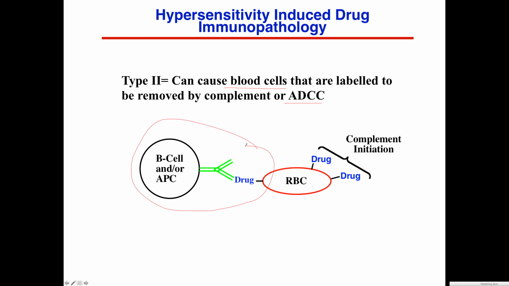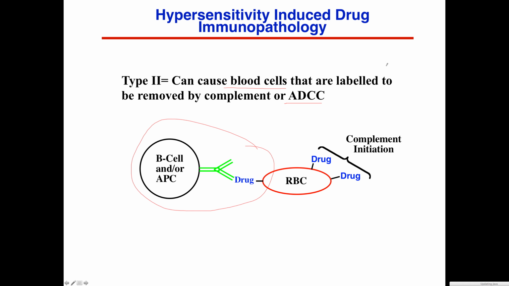Now that's what happens when we've talked about the specific case for Rh factor. But if drugs actually bind to APCs, and there are reactions in which you're going to get an immune response to the drug bound to the red blood cells, much like an Rh factor, then you're going to get essentially a serum sickness type response.